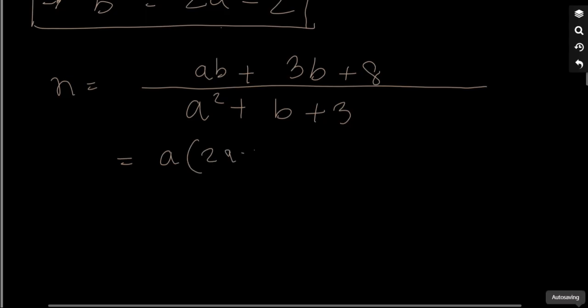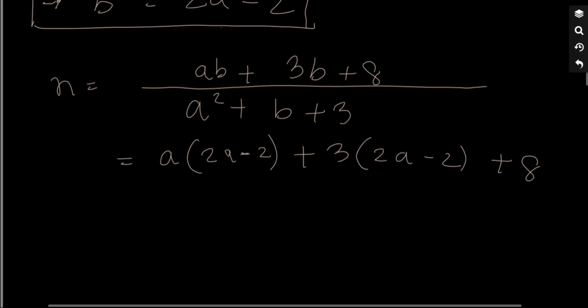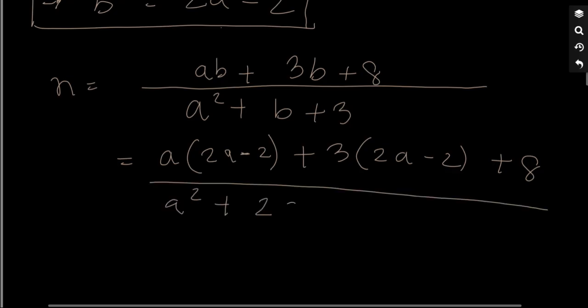My god, my handwriting is just getting worse. 2a minus 2 plus 8. Then divide the whole thing by a square plus 2a, then minus 2 plus 3.